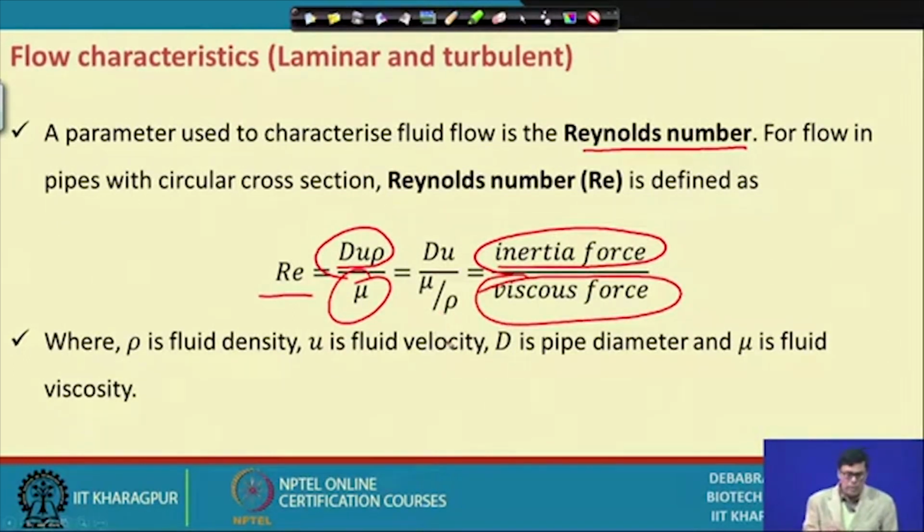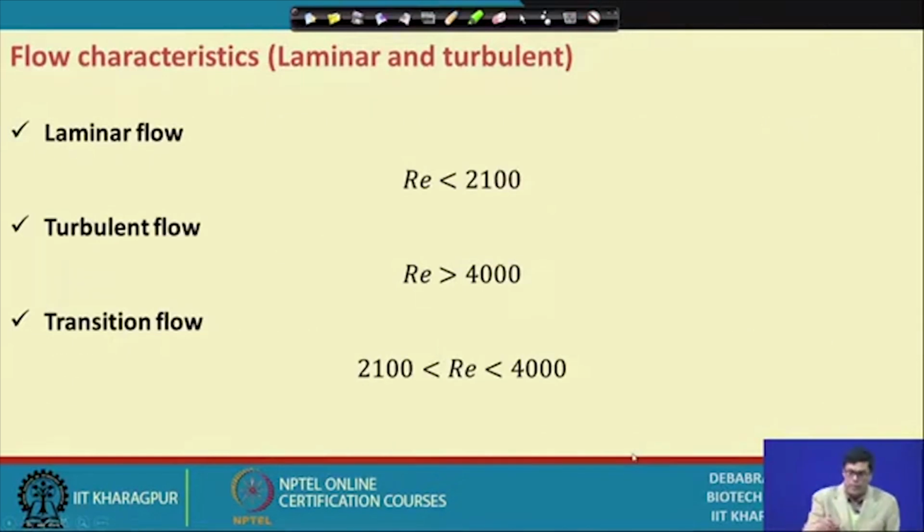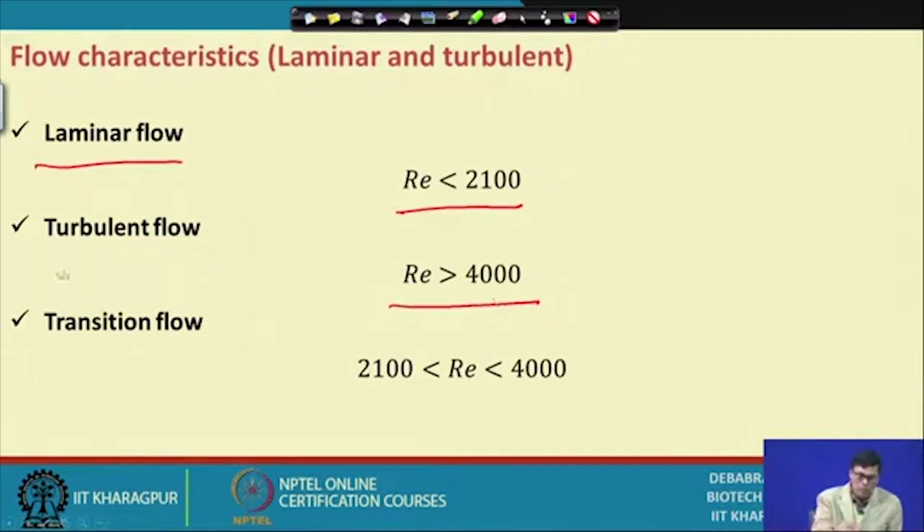So the Reynolds number is nothing but the ratio between the inertia force and the viscous force. If the Reynolds number is less than 2100 it is laminar flow, if it is more than 4000 we call it turbulent flow, and transition flow is if it lies in between 2100 and 4000, neither laminar nor turbulent.